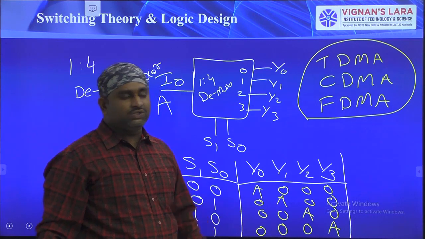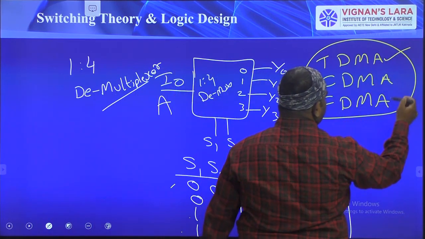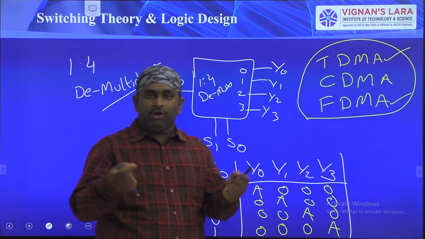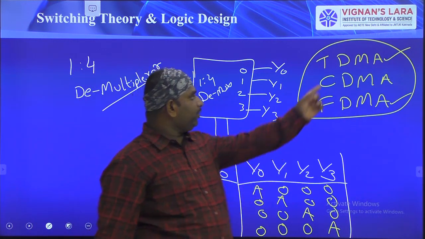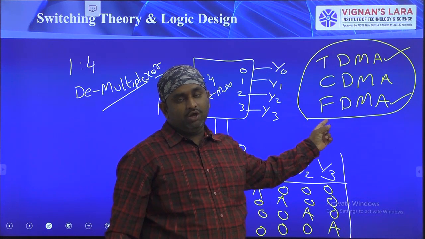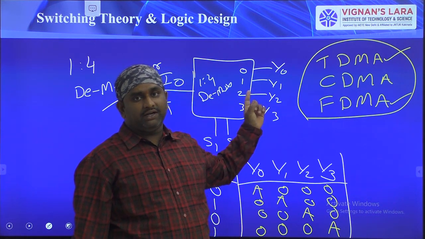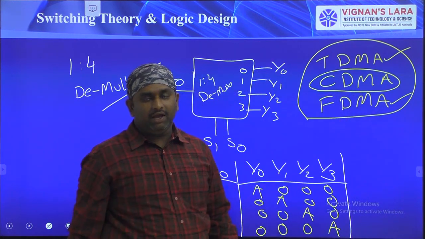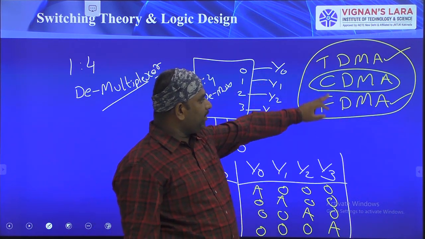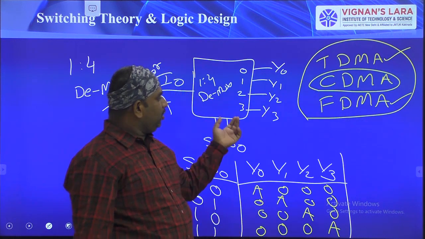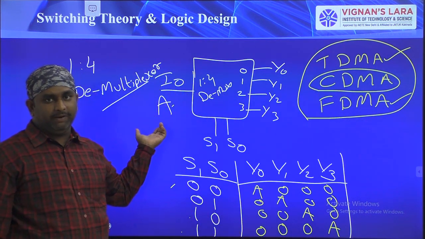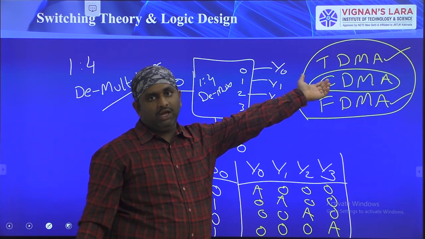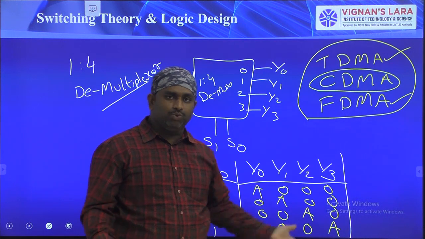The first one and third one, TDMA and FDMA, we are using for GSM communication in your SIM. Once upon a time Tata Teleservices used the CDMA technology. For implementing CDMA, TDMA or FDMA, you can use these multiplexers and demultiplexers.